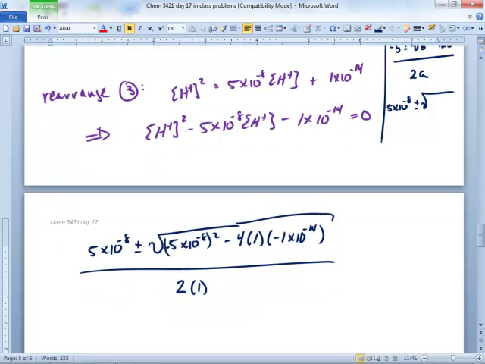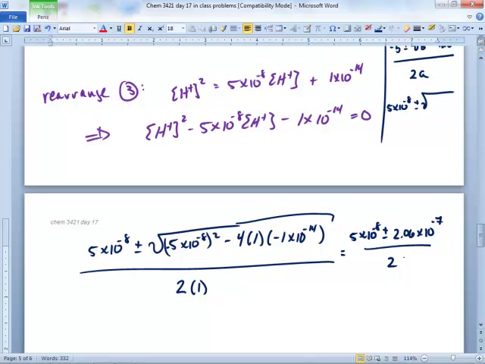Let's write a couple steps here. See if you agree with me. 5 times 10 to the negative 8 plus or minus 2.06. Did you get this for your square root part? Okay, good. It doesn't make any sense to do the minus one, so I'm just going to do the plus one.